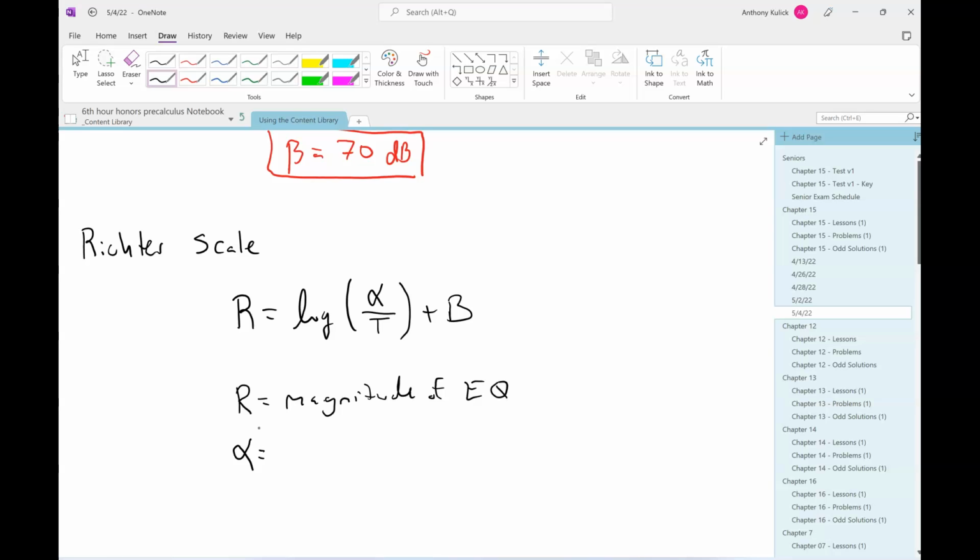If we graph this over time, it's going to look like a sine or cosine wave. So that maximum displacement up or down is really the amplitude, right? This is amplitude.